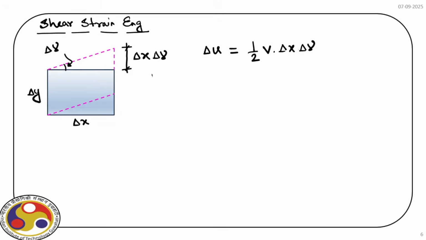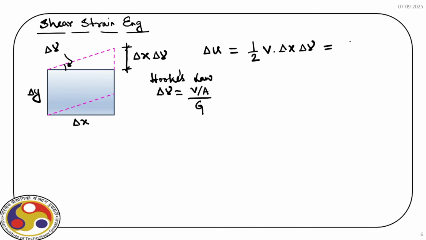Now recall from Hooke's law, we have delta gamma equal to delta tau, which is shear force per area, divided by G. So we can use that expression here.